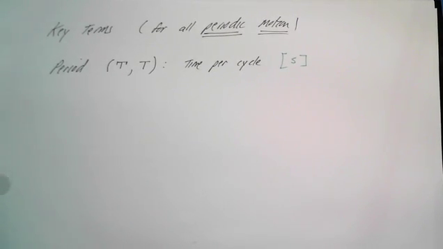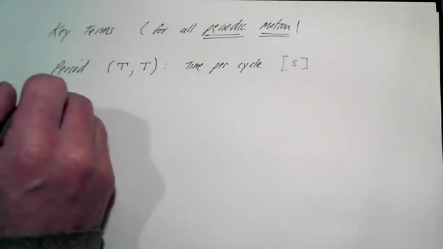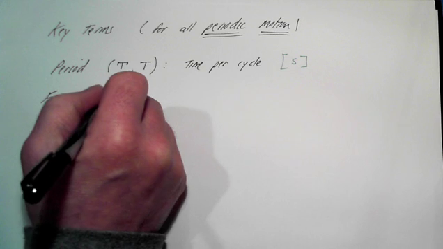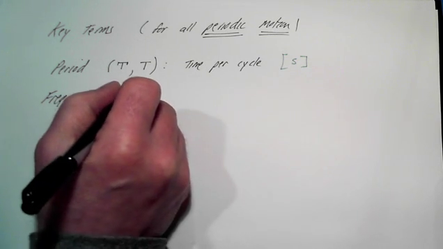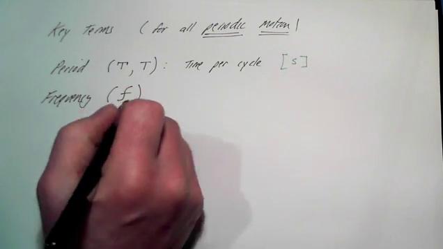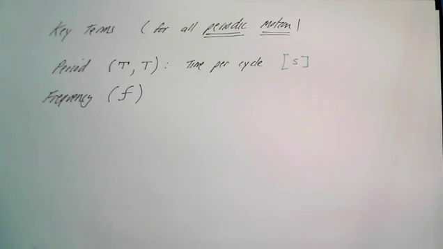So it has units of time, and generally we're going to say seconds, although of course it could be any unit of time. Another key term in any kind of periodic motion is frequency, abbreviated almost always as an italicized f, but really any lowercase f will do, but I do italicize.